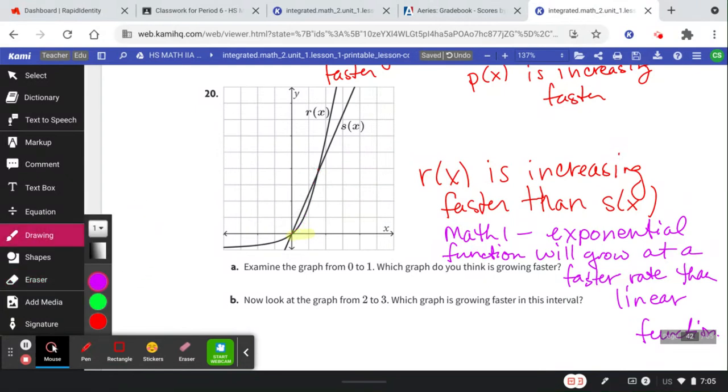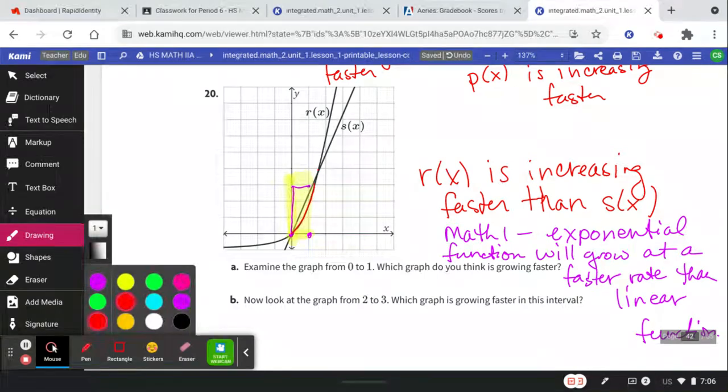From this little section right here, from 0 to 1, we can see that this goes up 3 over 1, more or less. And then the curve goes up 2 over 1. So the line in just this little interval goes up 3 over 1, but the curve in just that little interval is only up 2 over 1.